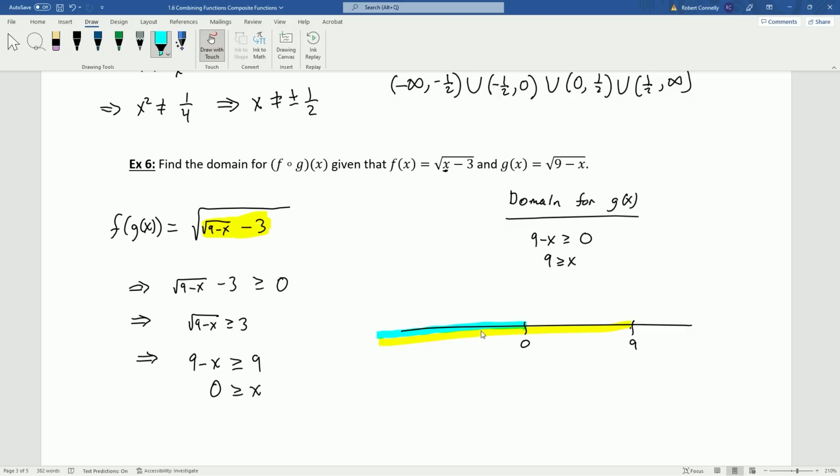If both have to be true, then the stronger condition here wins. x has to be less than or equal to 0. The stronger condition means the condition that's more restrictive. Both must be true, so we have to look at what restricts the x values the most here. In that case, that's this. So we would write this in interval notation as negative infinity to 0.